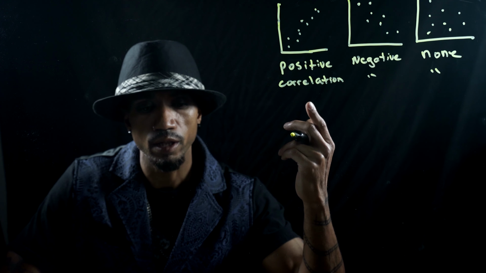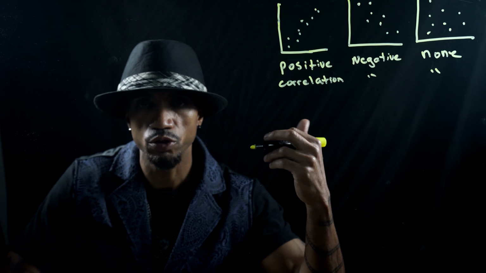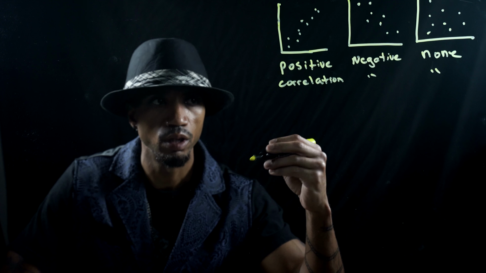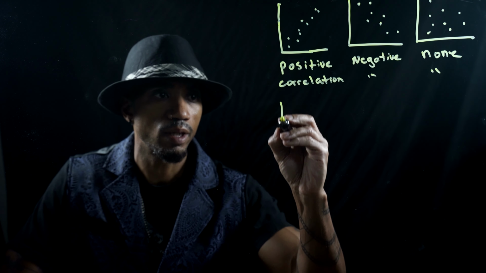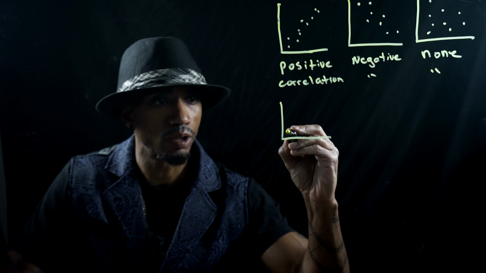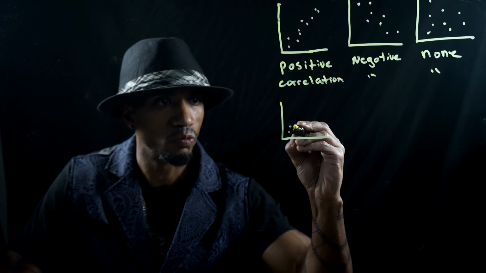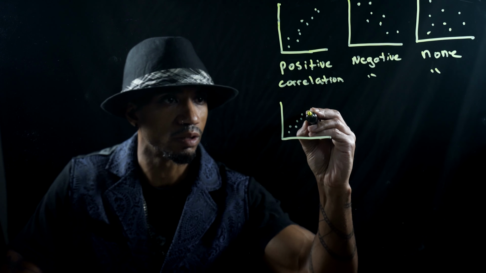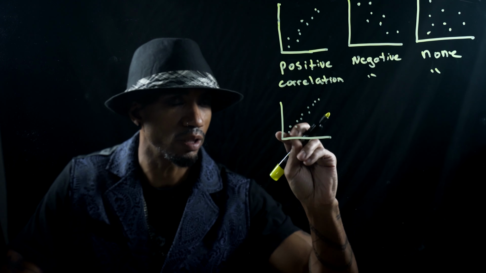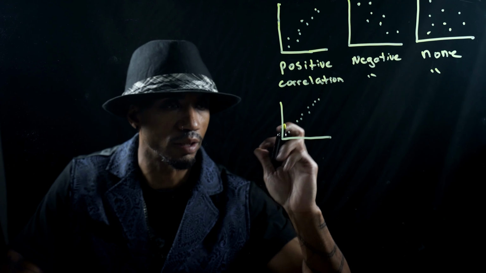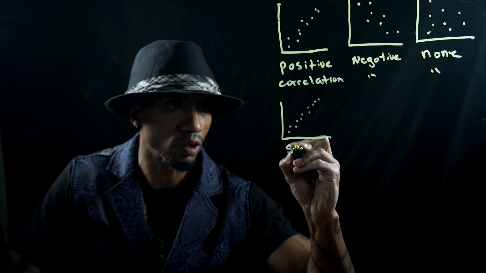Okay, so now we have to talk about the strength of it as well. If we have a correlation that is really close together, like the dots are almost making a perfect line, then we would say it's strong.